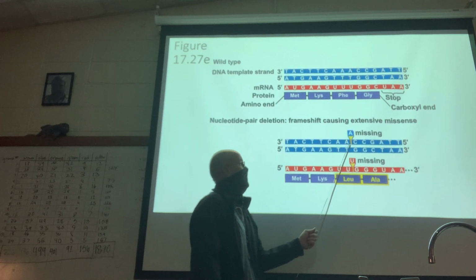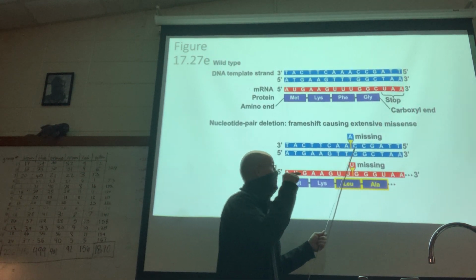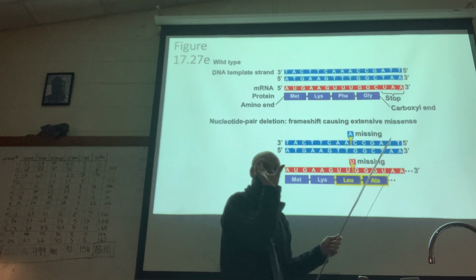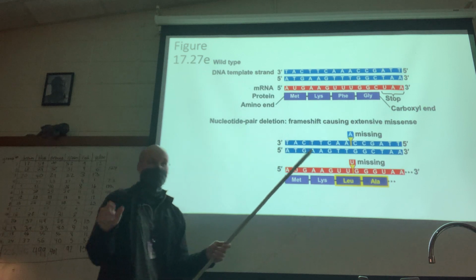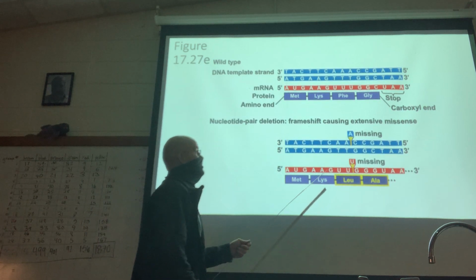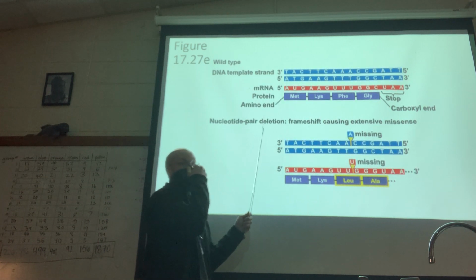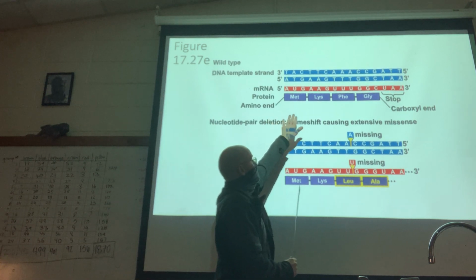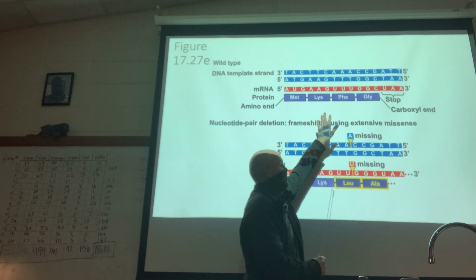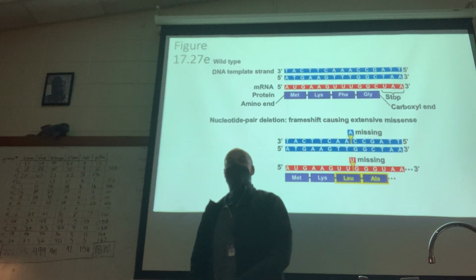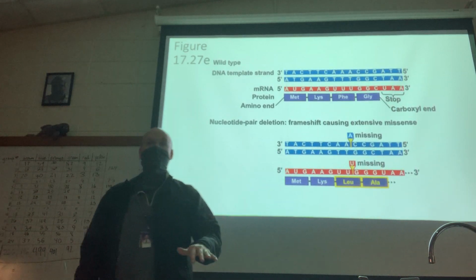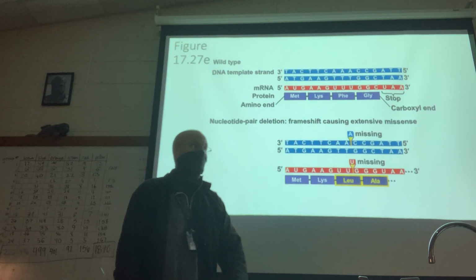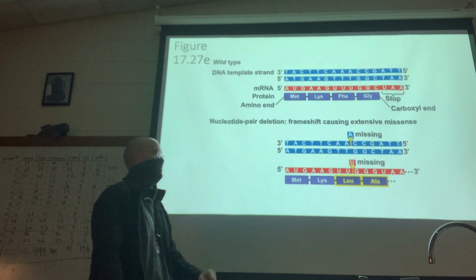Well, again, every codon after this deletion is going to be shifted by 1, so every codon is affected. And so what happens when you insert or delete is before the mutation, everything's normal, and then after the mutation, you might have every single amino acid be different. I mean, you could be making a drastically different protein.